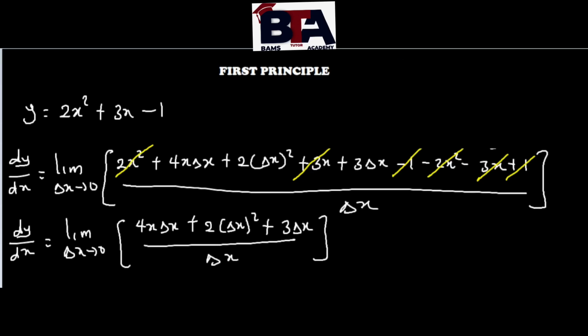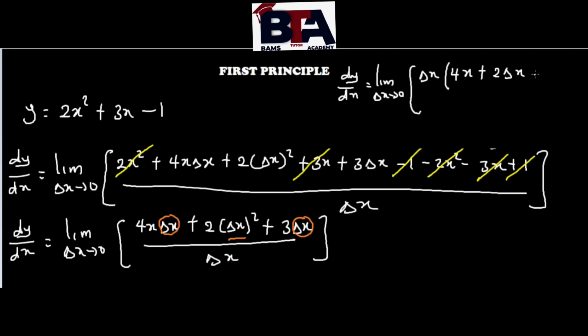Now you see that change in x is common here, it's common here also, and it's common here. So I can actually factorize it out. I will have dy over dx into my limit as change in x tends to 0, then I will have change in x into 4x plus 2 change in x plus 3, over change in x here.